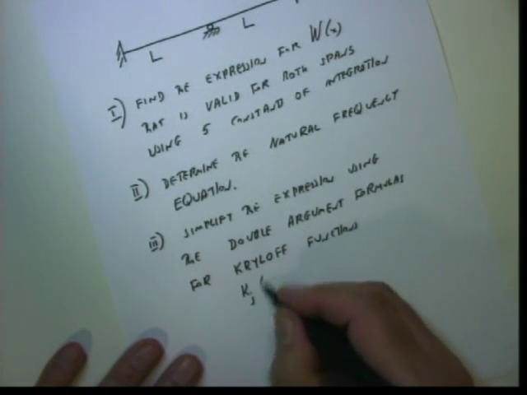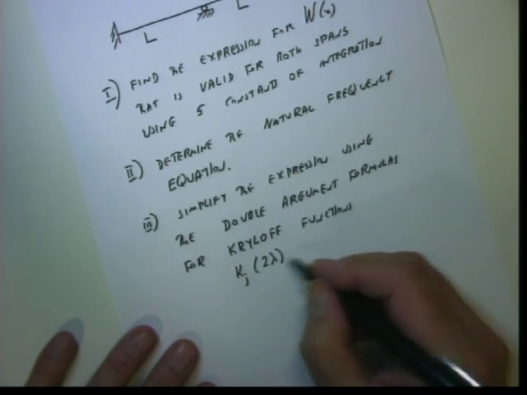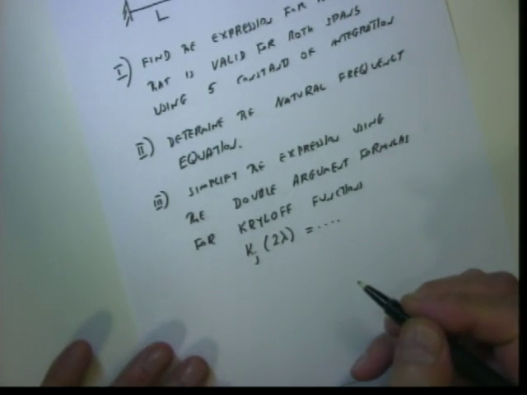Means K sub j of 2 lambda, or 2 lambda equals, etc.